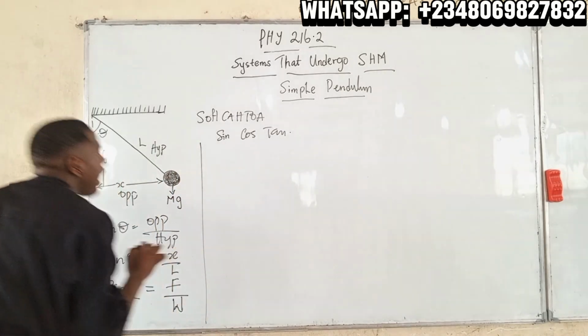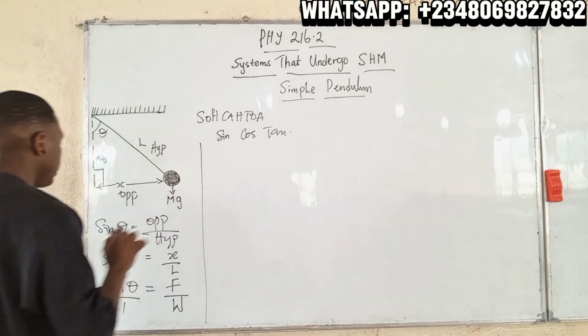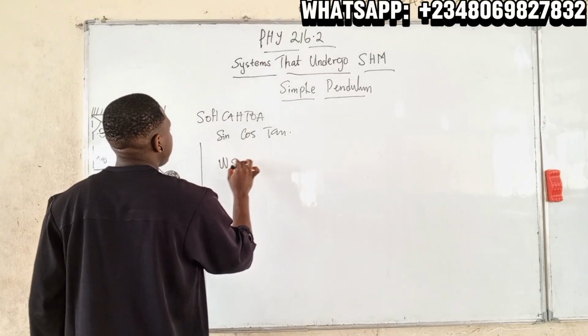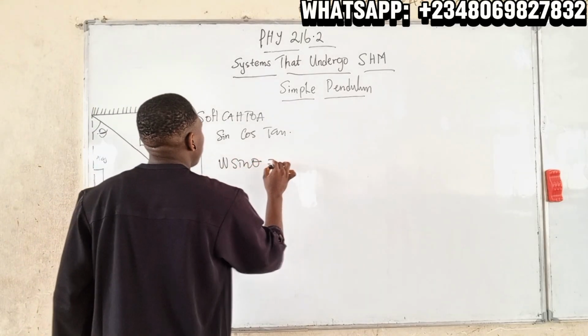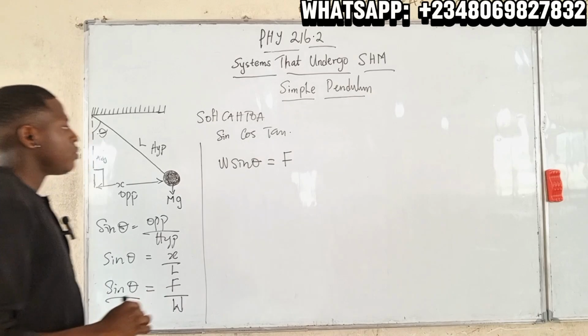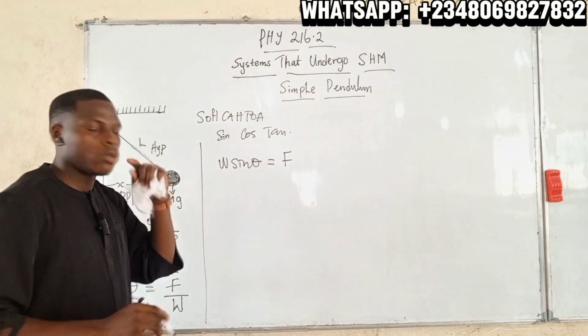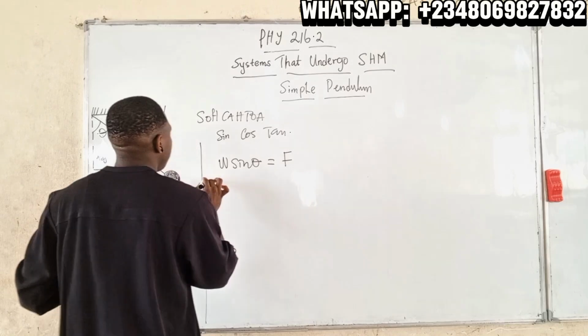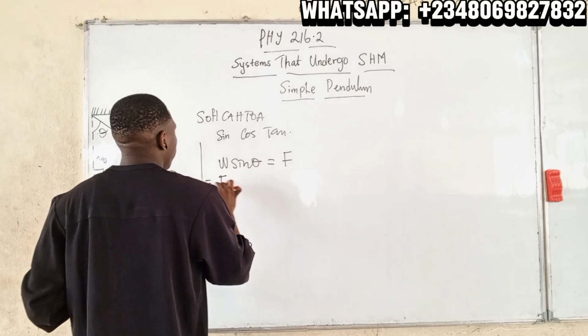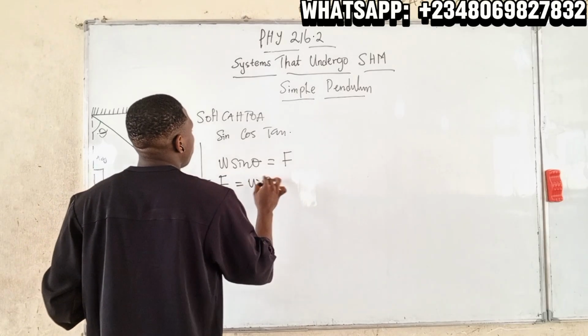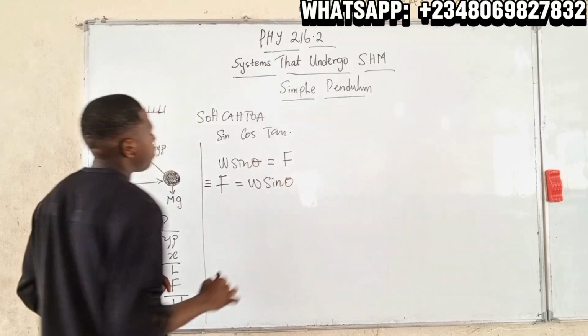If we cross multiply, W sine theta is equal to force. We can still rewrite this to be F is equal to W sine theta.